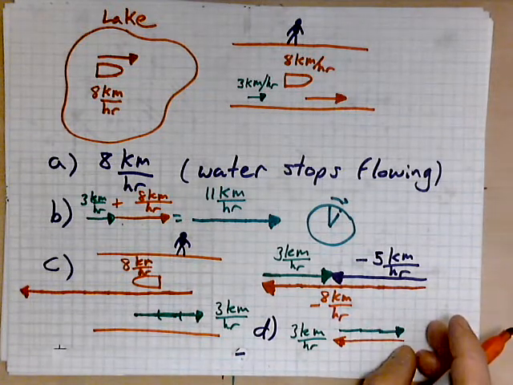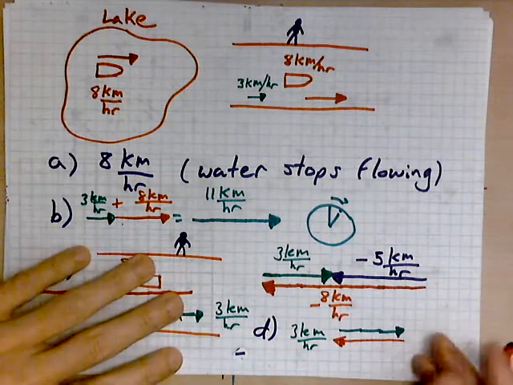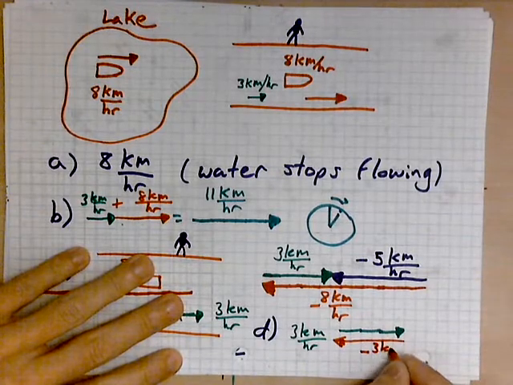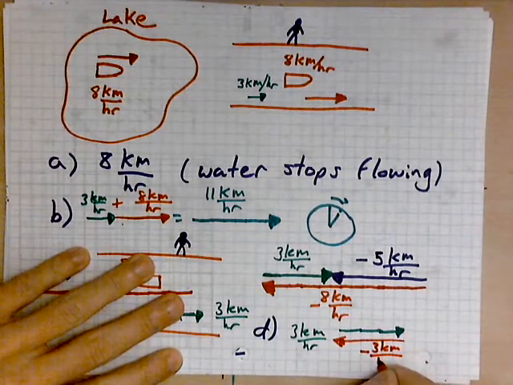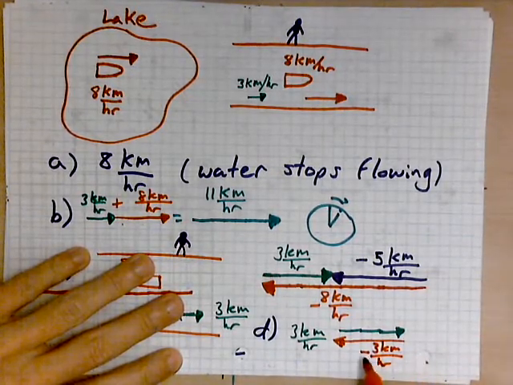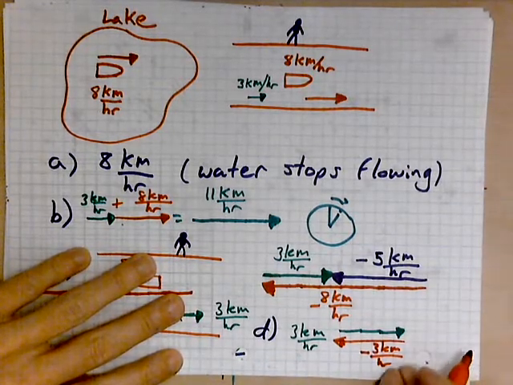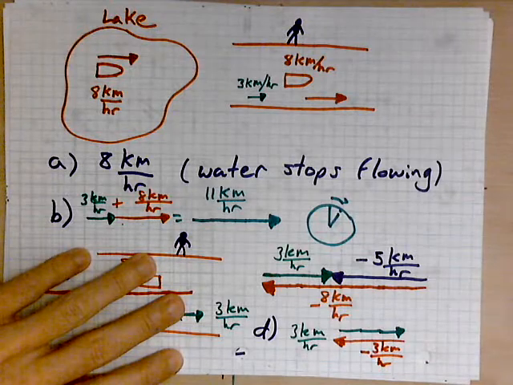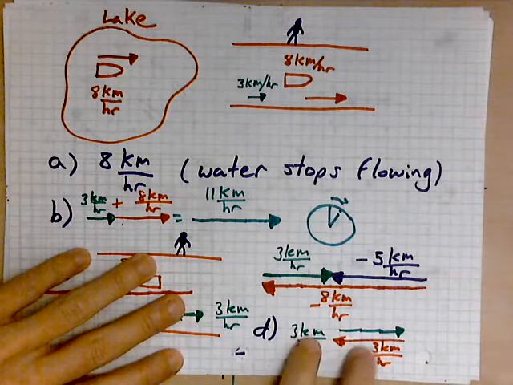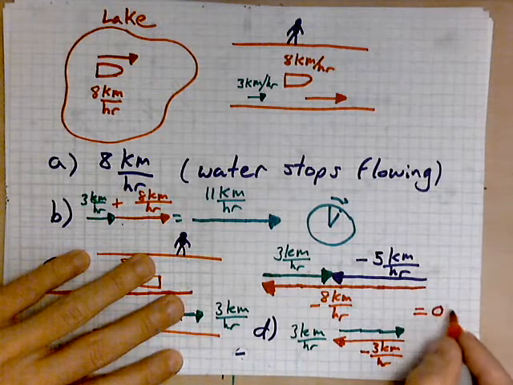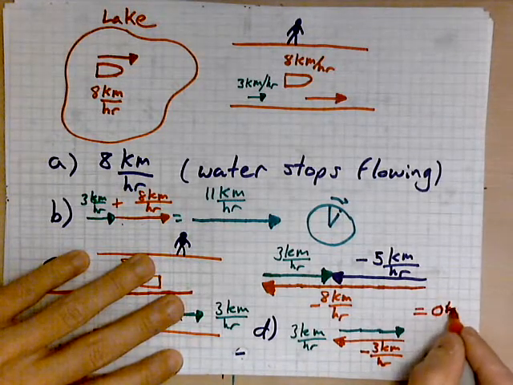Then these two velocities cancel, and in that case, so this would be like negative 3 kilometers per hour. Okay, so positive means downstream, negative means upstream. So this is like a negative 3 kilometers per hour upstream. Okay, when you add these two velocities, they cancel, and all that remains is an effective velocity of 0 kilometers per hour.